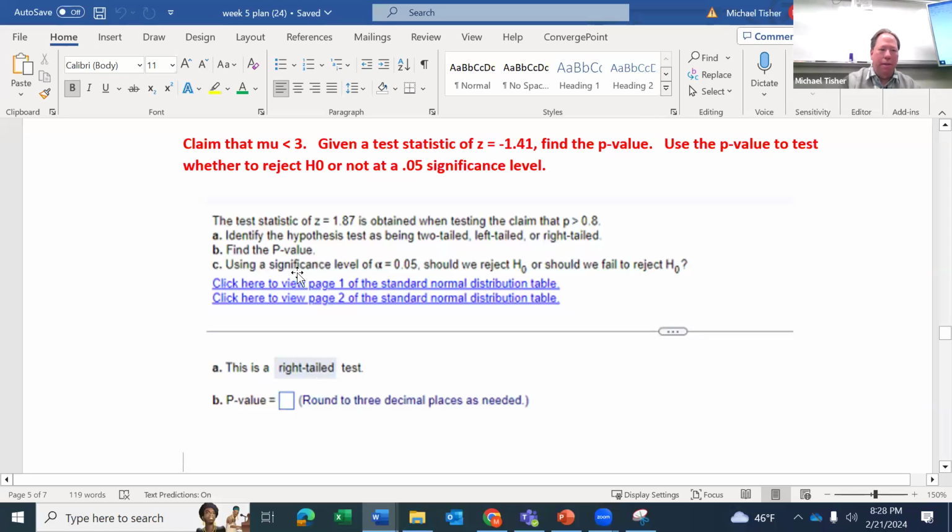And by the way, the C part is just asking us should we reject or fail to reject, and you use what we did before already. Okay, so let's just do A part and B part for this next one.